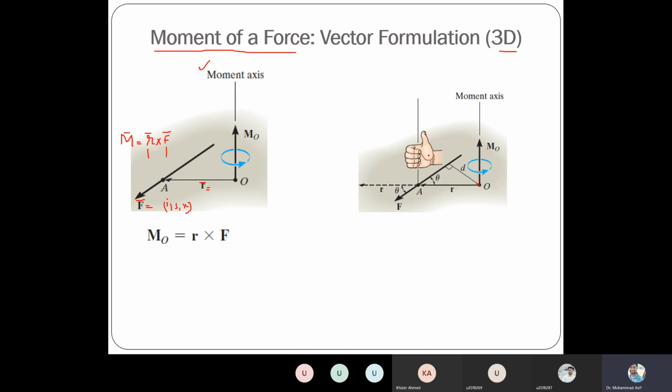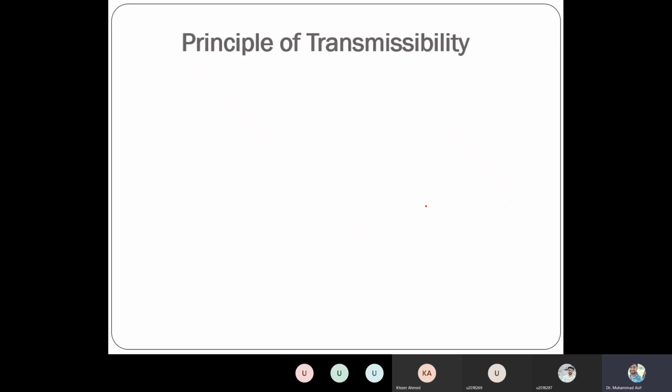But if you're using vector notation, then you should not worry about the perpendicular distance. You just take any point on the line of action of the force, get the position vector, and then the force as a vector. Then you take the cross product, and that will give you the moment in 3 dimensions.